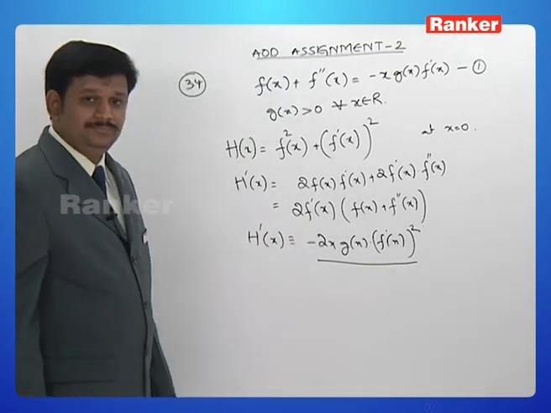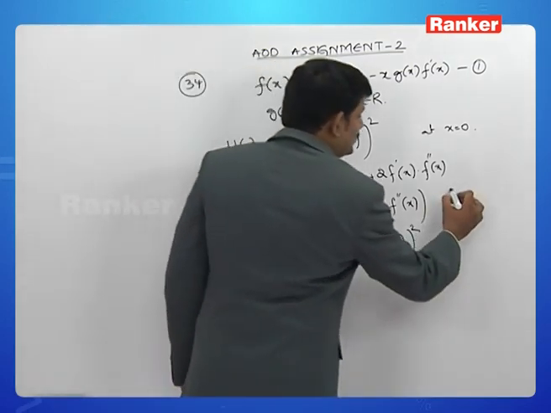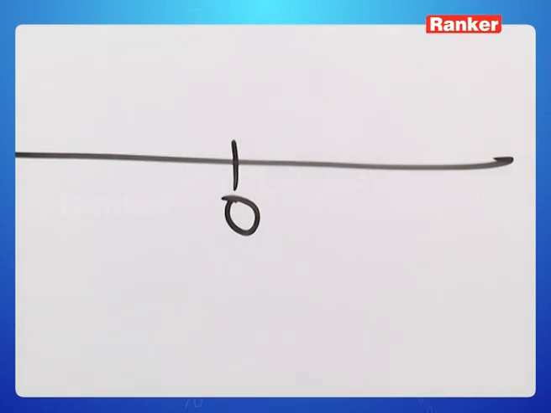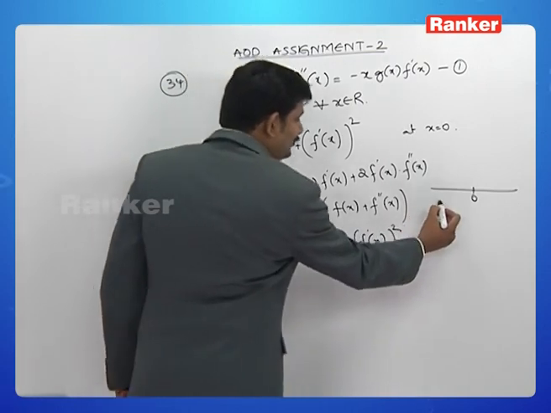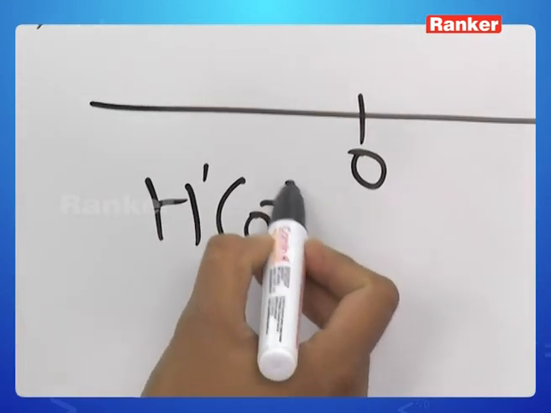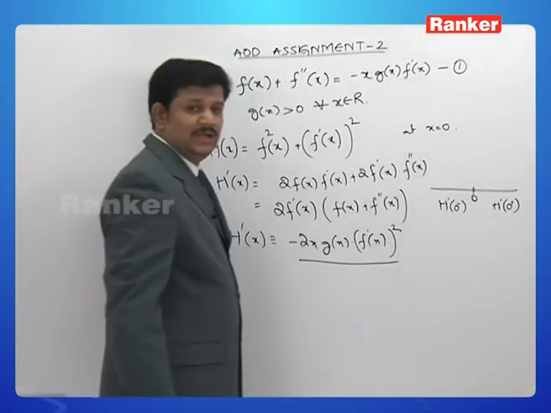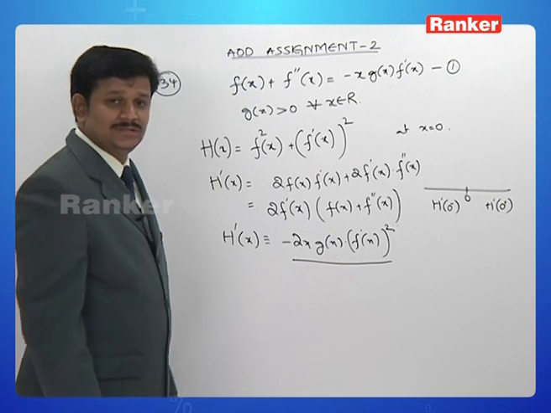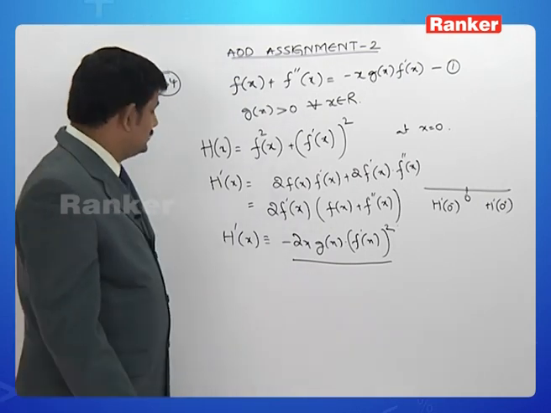Now, from the first derivative test, we are investigating for local maxima or local minima at 0. Observe h dash of 0 minus and h dash of 0 plus. Based on that, we will be able to conclude if it is a maxima or a minima.